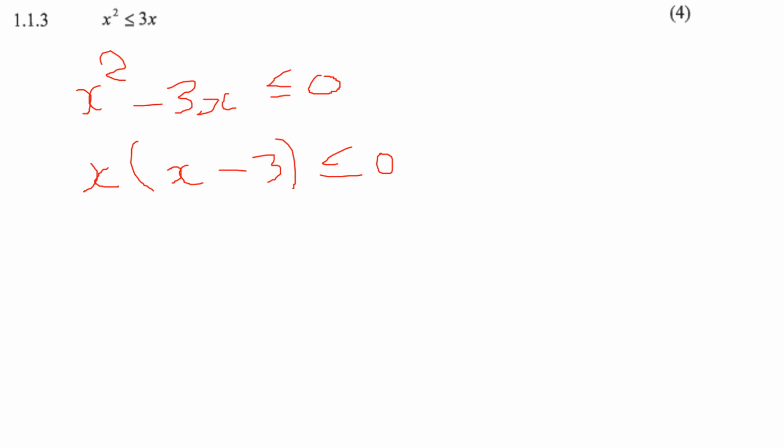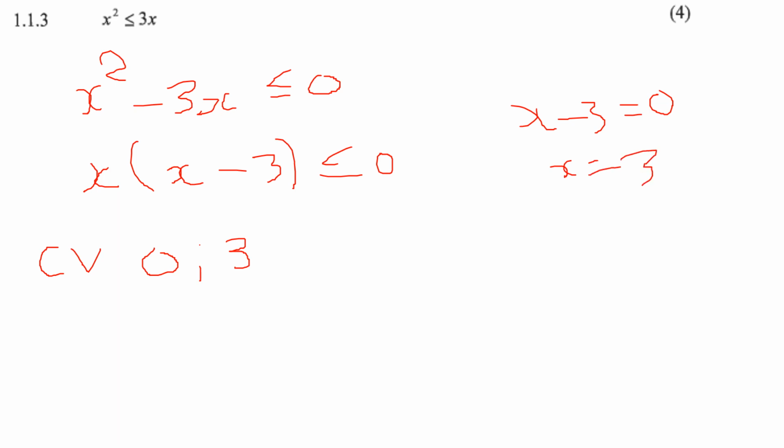So now we will say our critical values. The first one will be where x is 0. And then the other one will be where x is equal to 3, because remember here you will say x minus 3 equals 0, and then your x will be equal to 3.